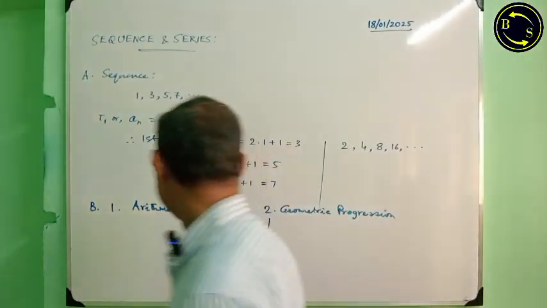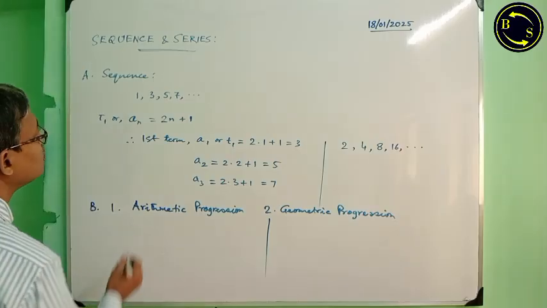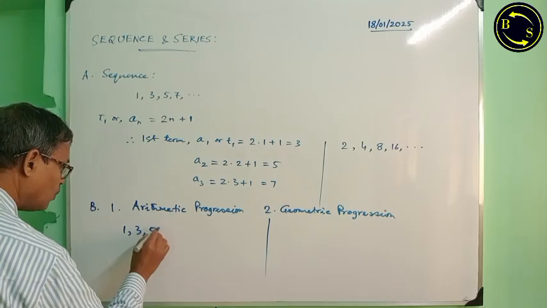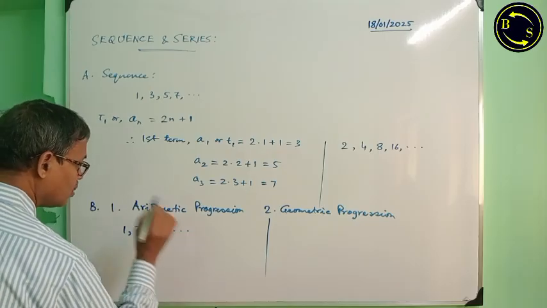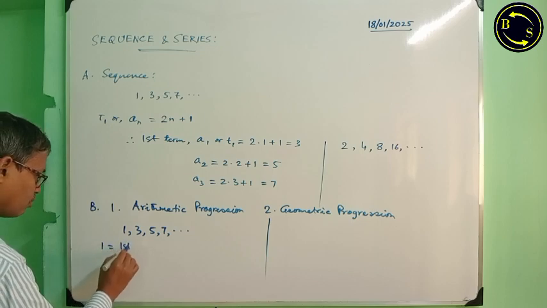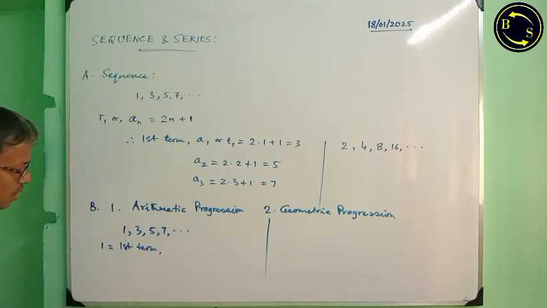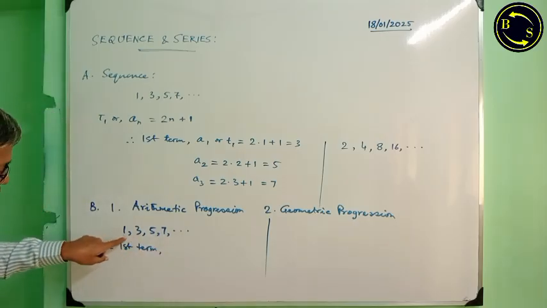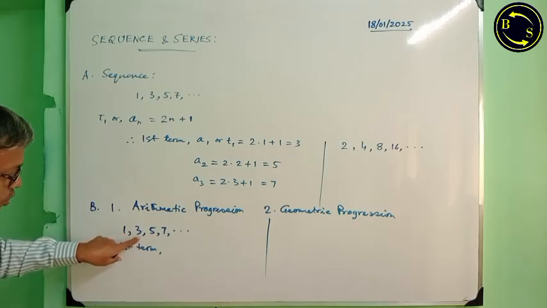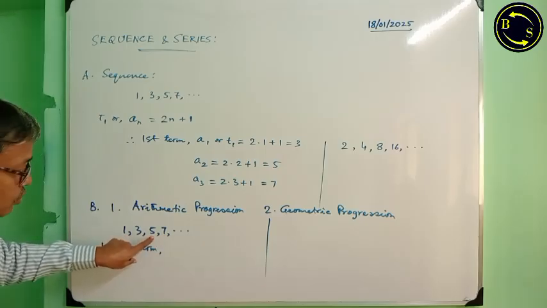Now, if I take this example, already I have taken, 1, 3, 5, 7. Here we say 1 is the first term, and you see the difference between second and first is 2, the difference of third from second is 2, the difference of fourth from third is also 2.